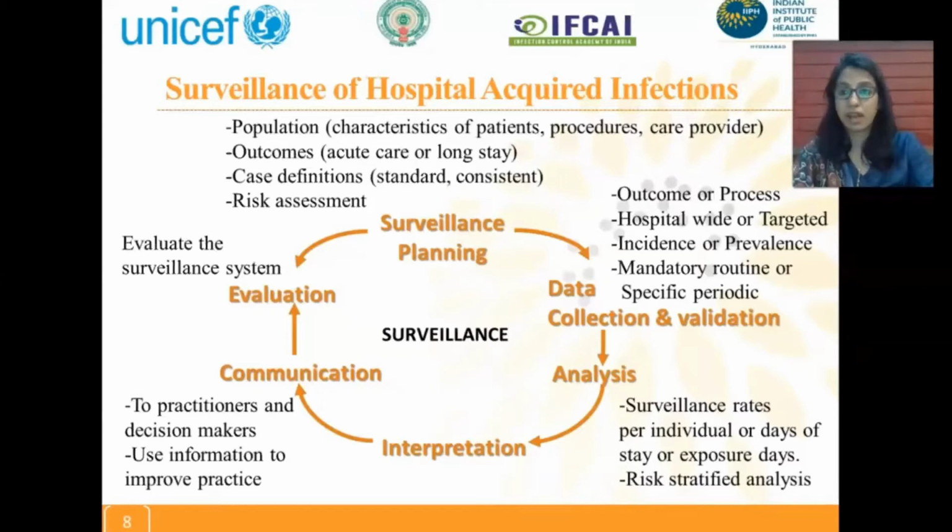Is it fulfilling the outcomes or the objectives that you have set when you started the surveillance system? And feed into your surveillance planning time and again. I want to repeat that ideally, surveillance for common infections or some resistant infections or some disease groups should be a regular phenomenon in every hospital.